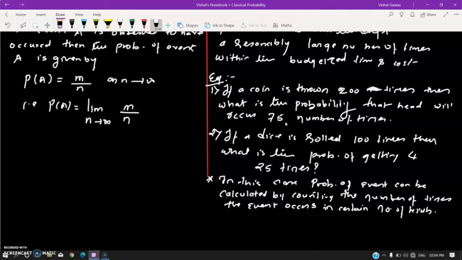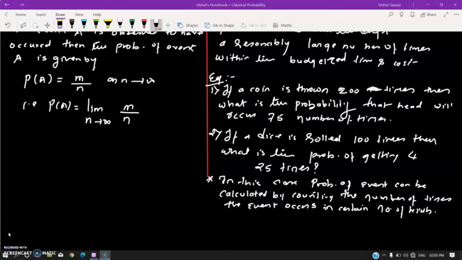So what we do is calculate the probability by counting. Take the statistics, count the number of times that the event occurs in a certain number of trials. That's what we do in statistical or empirical probability.